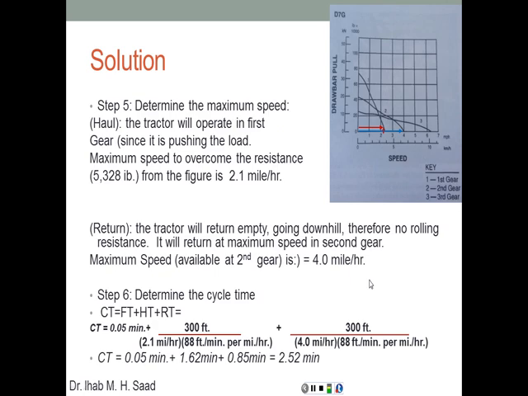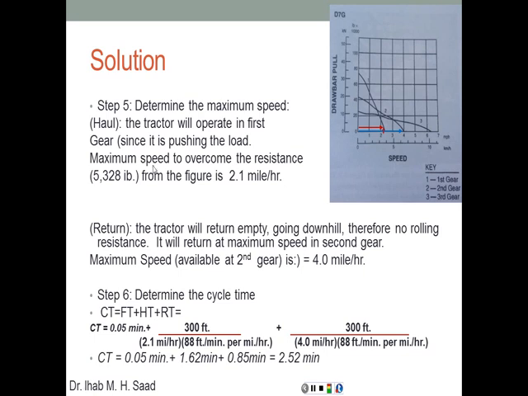Next, we're going to look at the speed. At what speed can this equipment move? So to determine the maximum speed, the tractor will operate in first gear. We're going to look here at the available drawbar pull, and that's going to give us in the first gear a speed of about 2.1 miles per hour.